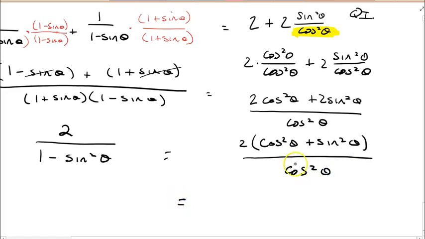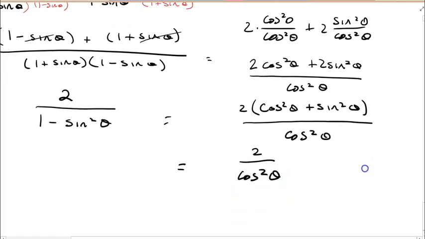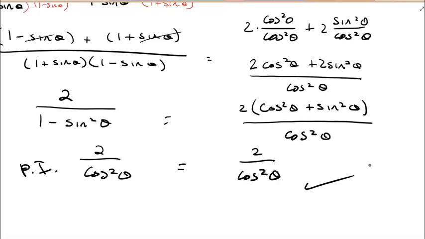Almost, you can start to see where they're coming together. Cosine squared theta plus sine squared theta equals 1. So that's 2 over cosine squared theta. I have 2 over 1 minus, well, okay, go back to your left-hand side and say, well, wait a minute. That is cosine squared theta by the Pythagorean identity. Boom, done. So here's an example of where we did work with both sides of that identity to get it verified.